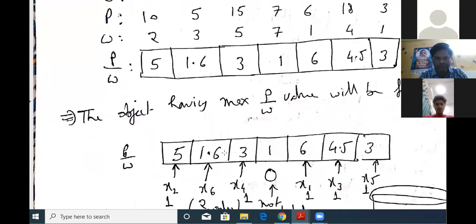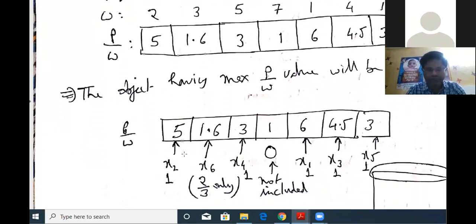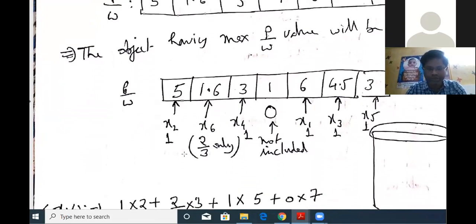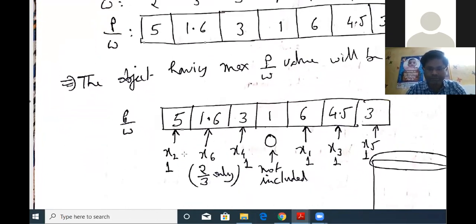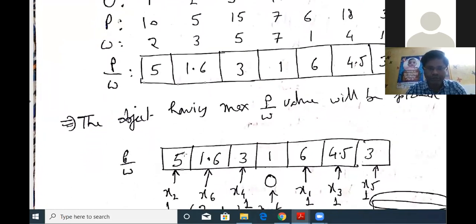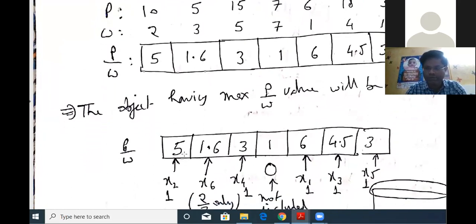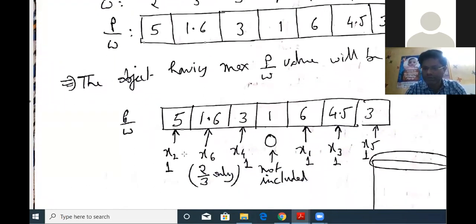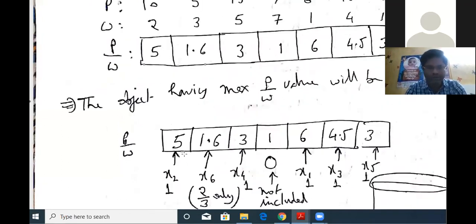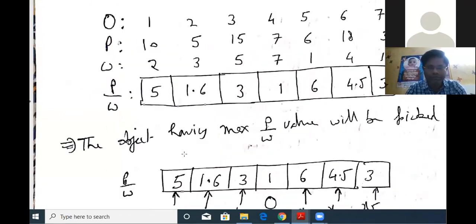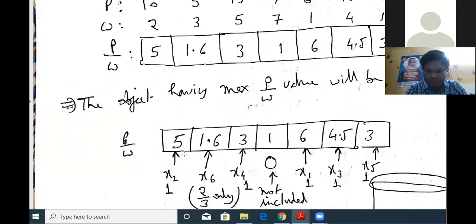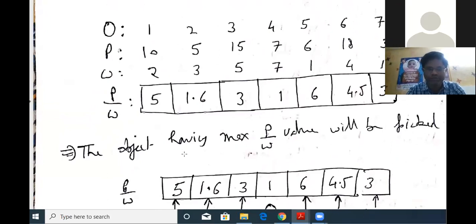So these are our profit to weight ratios. First you are going to start with the maximum value, which here is 6.